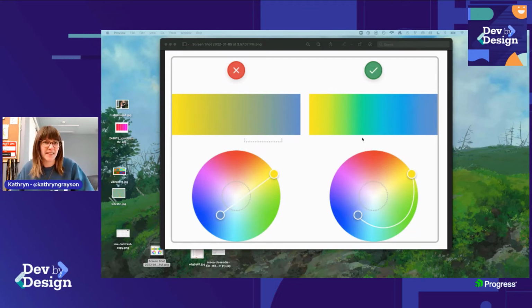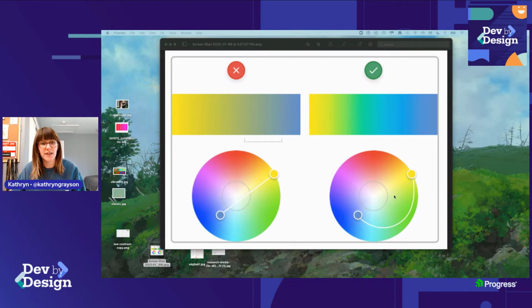If that's something that cannot happen for whatever reason in your design, if that green would feel really off, or there's some reason why you don't want that there, you can try to cut closer in here. You'll still get a little bit of the green, but not as vibrant. Or you can just play with not necessarily transitioning from one color to another. You can create gradients between tints, tones, and shades of a single color.